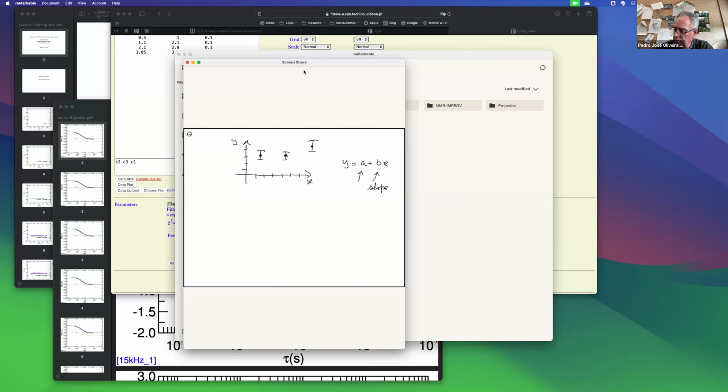And the question is, is this straight line that I draw here the best line that I can imagine that fits my data?